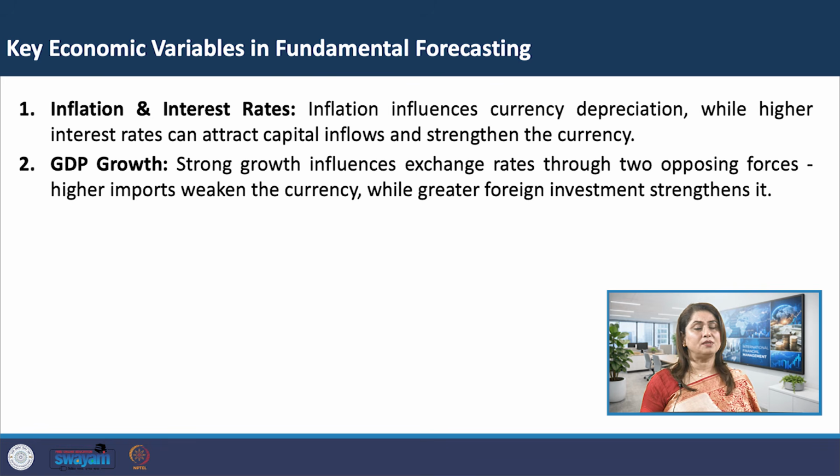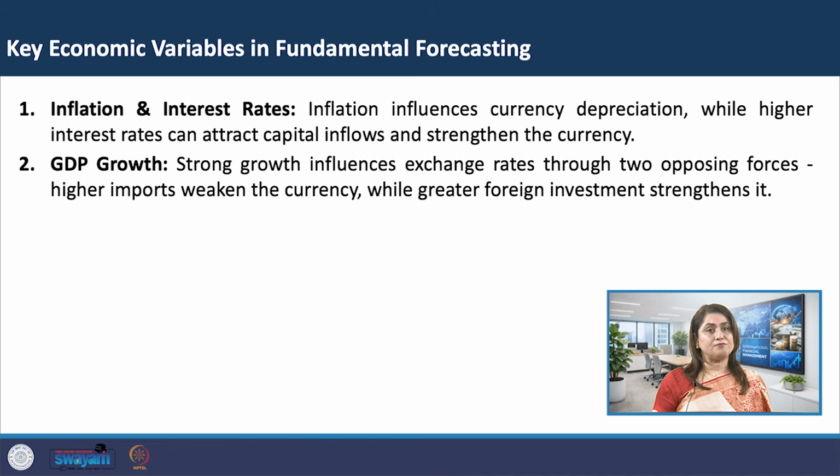The second variable is GDP growth. A country growing faster than its trading partners will generate higher income and stronger demand, including demand for imports. As we saw with the income effect theory, this puts depreciation pressure on the currency. But strong GDP growth also signals economic health, which can attract foreign investment and support the currency.